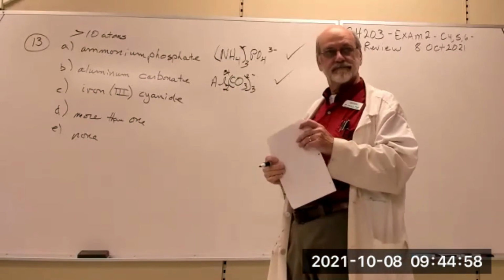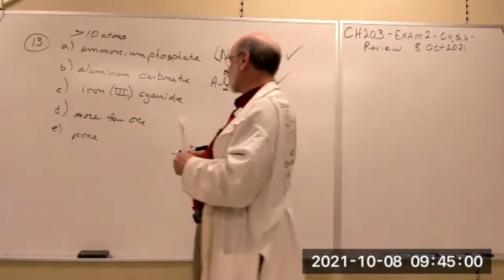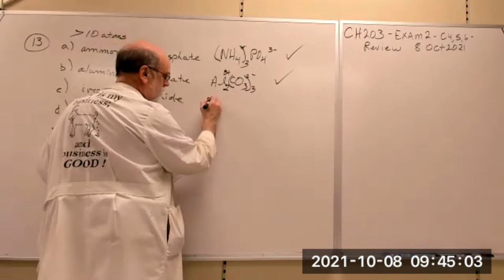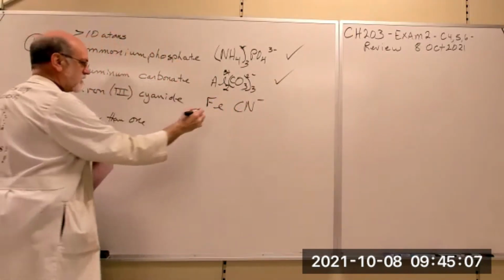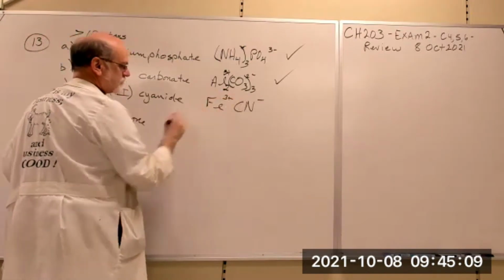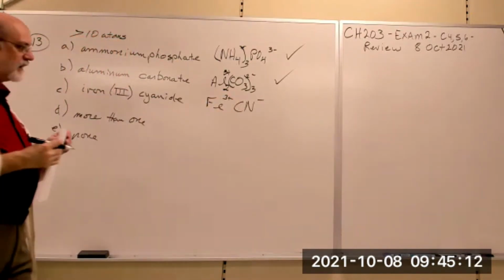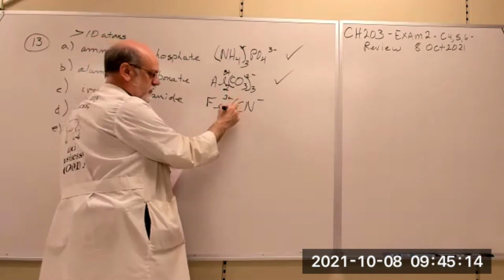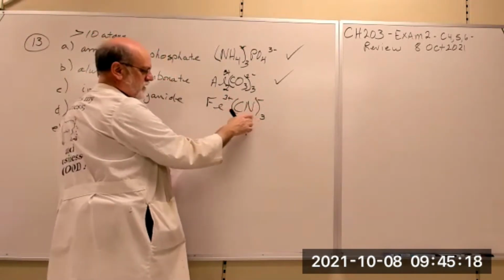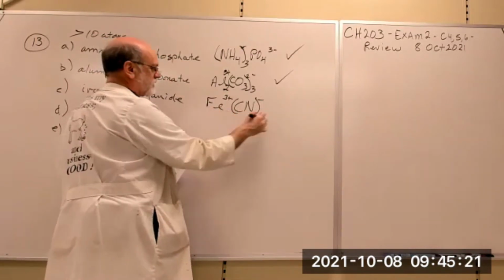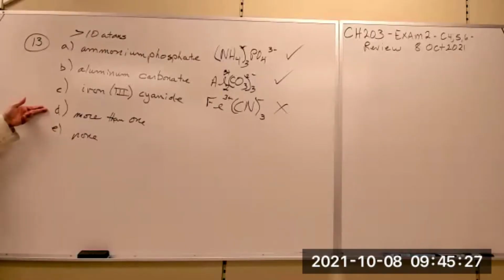There's another one. Iron 3 cyanide. There's iron, there's cyanide. This is a 3+, right? So we need 3 of these groups, because that's a polyatomic. So 3 times 2 is 6, plus 1 is 7. Not enough. It's only 7. So more than one is correct, 2 of them as a matter of fact.